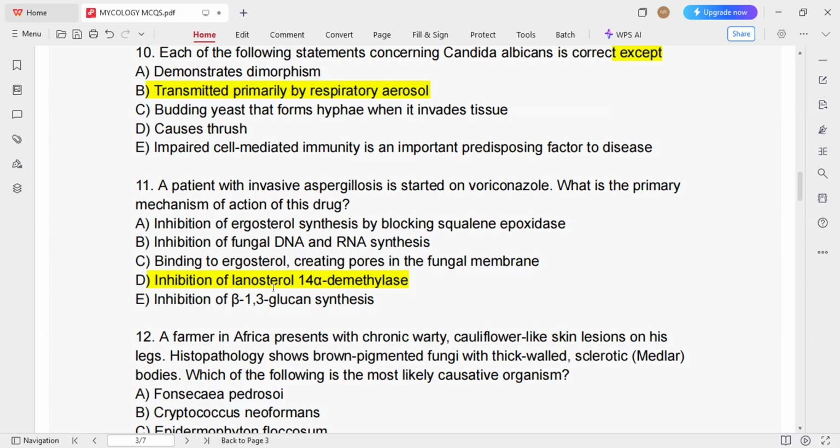And then E, inhibition of 1,3 beta glucan synthesis. What's the answer? Echinocandins, okay? This is the cell wall. It's an enzyme used in formation of the cell wall, okay?